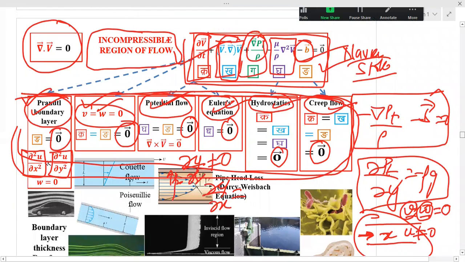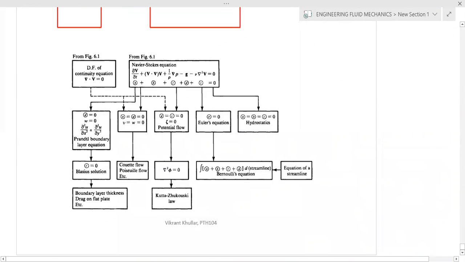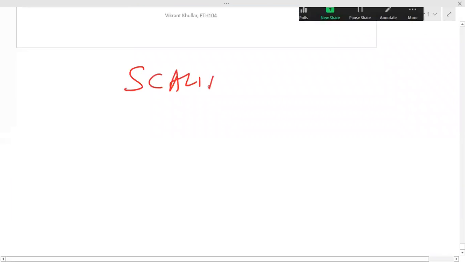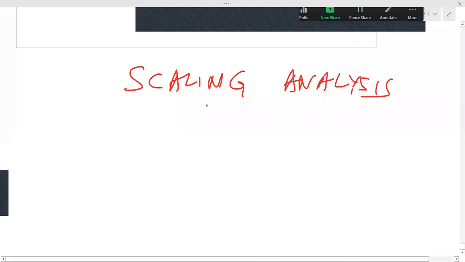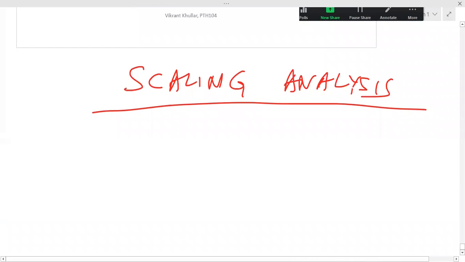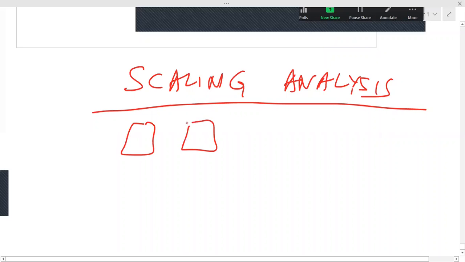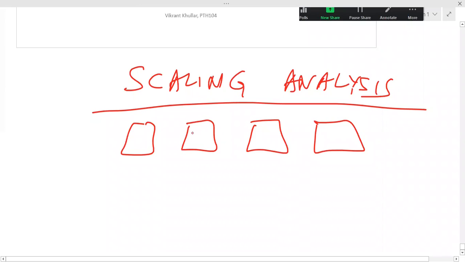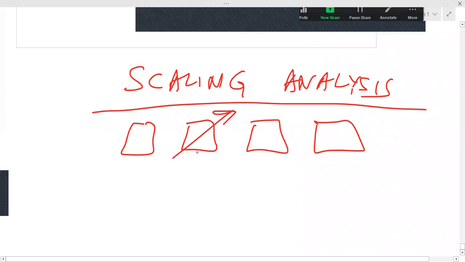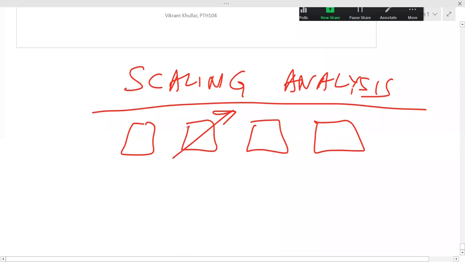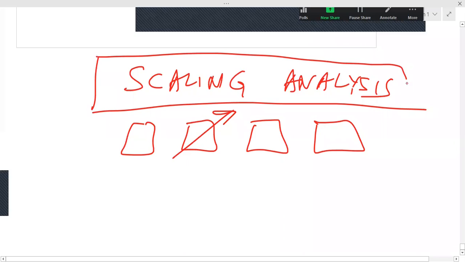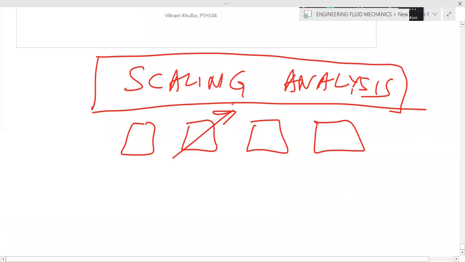And that analysis is called the scaling analysis. That is, you find out the magnitudes of each of those terms and then try to see which magnitude is low so that you can neglect that term. So that kind of quantification is called scaling analysis.